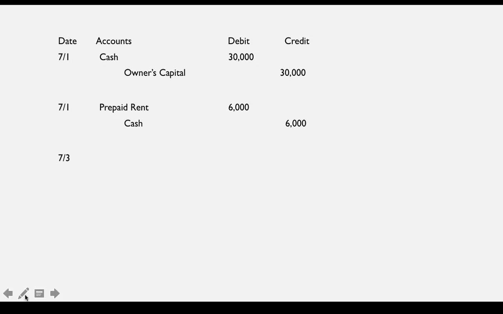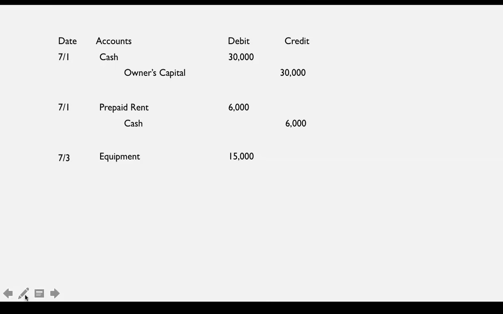So if we break this apart, the company's buying equipment, they're paying for some of it in cash, and then they owe the rest later on. So the company's getting this $15,000 of equipment. Equipment is an asset account, and so we want to debit our equipment for that $15,000.